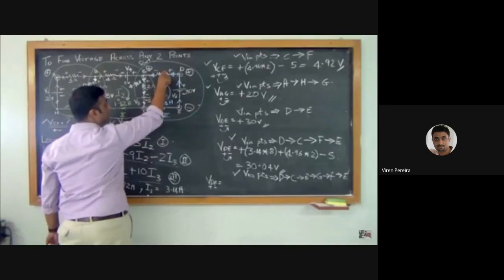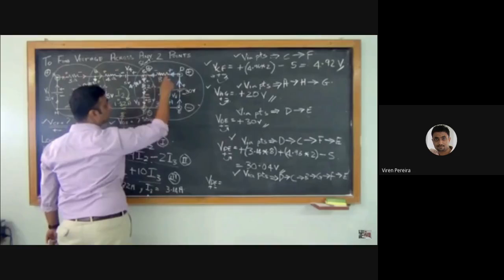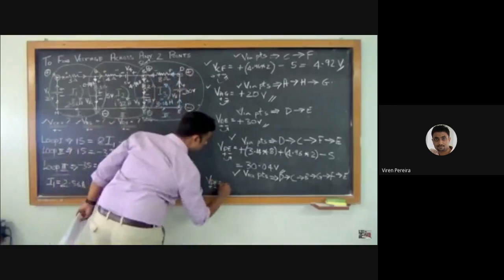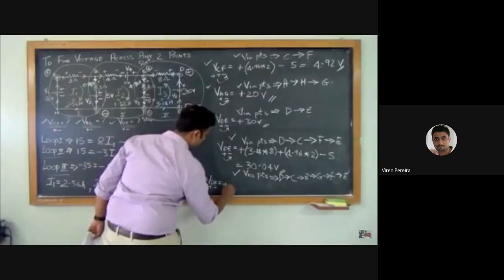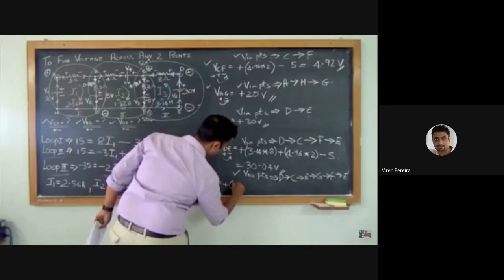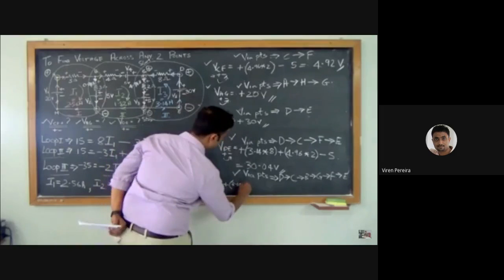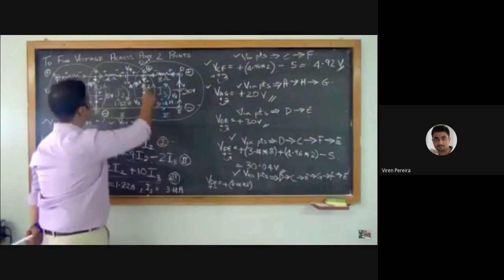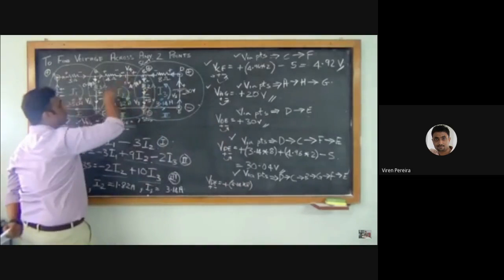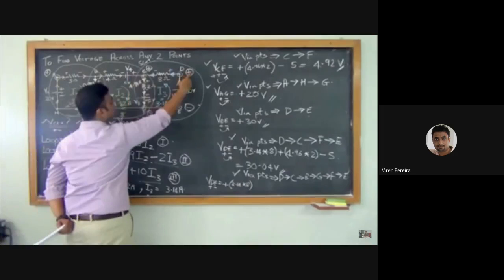The first terminal of your 8 ohms is positive. So positive into positive, positive. What is the current? 3.14 into 8. Then, what is the first terminal of V4? Positive.